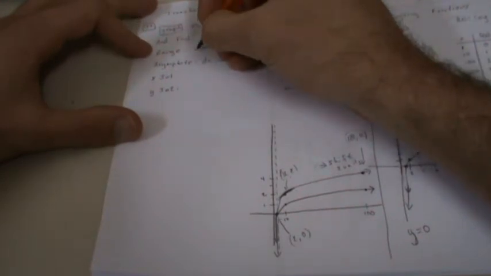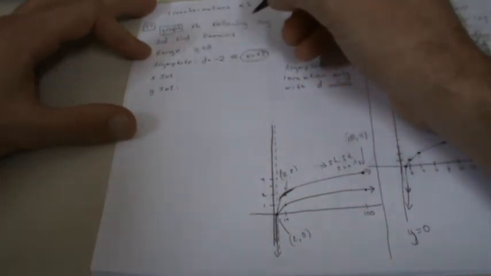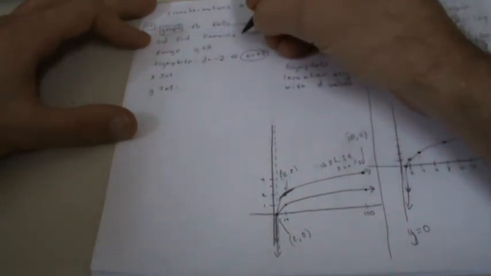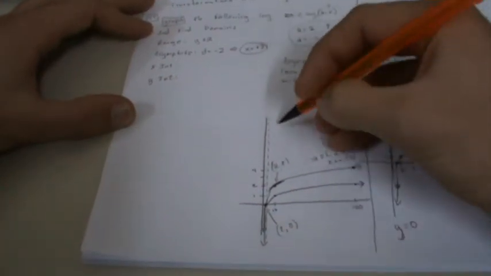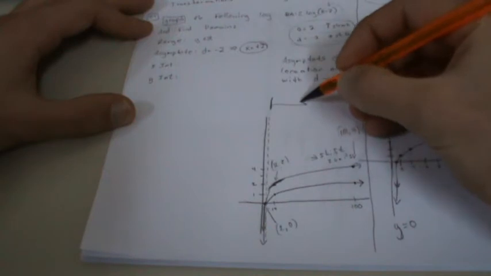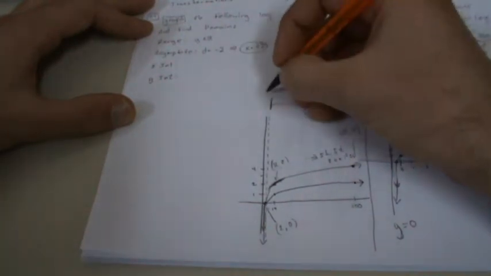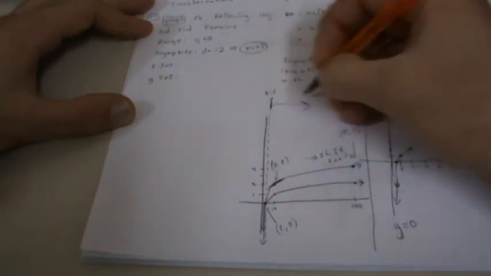Which, by the way, the range for logarithm functions is all real numbers. This will always be the case for a logarithm. The domain is affected by the d value as well, because note that my domain starts from here and goes over. Alright? And so it starts at x equals 2 and goes up into infinity.